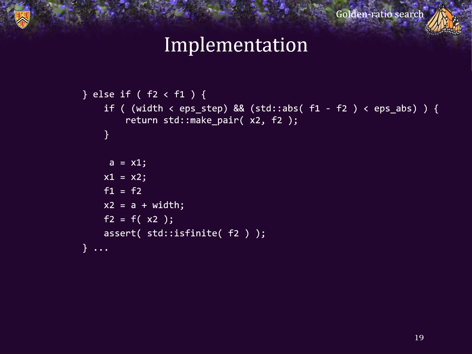So the left-hand endpoint will be what was the left interior point. The left interior point now becomes what was the right interior point, and we calculate a new right interior point and evaluate the function at that new right interior point, checking again to make sure that it is finite.